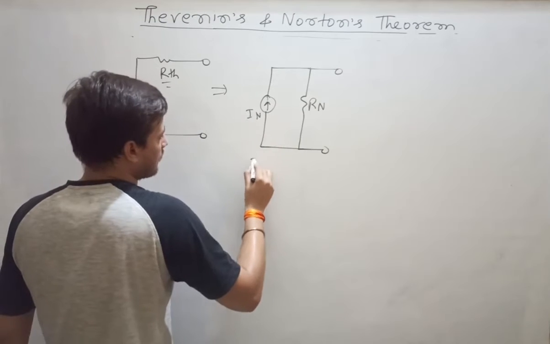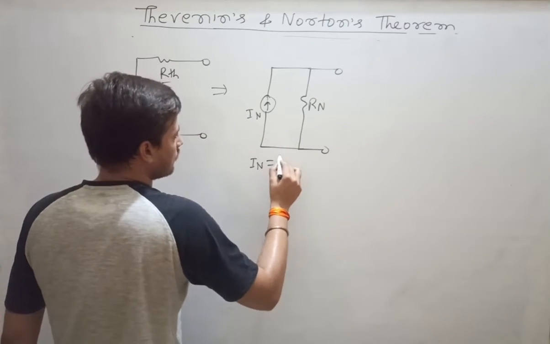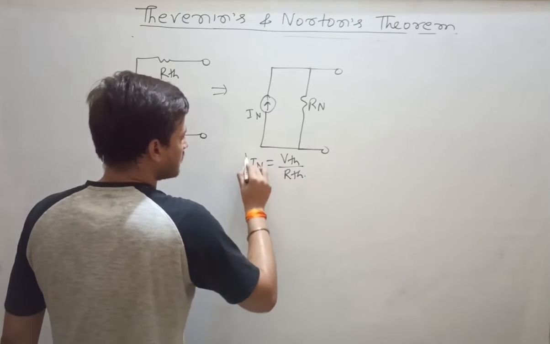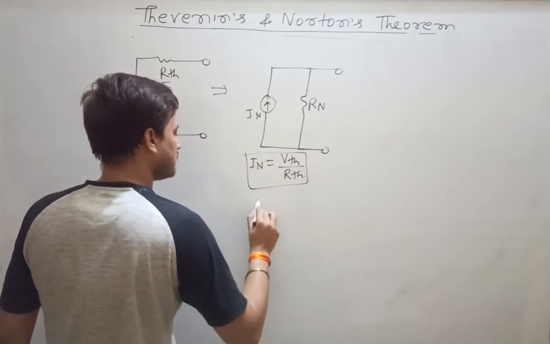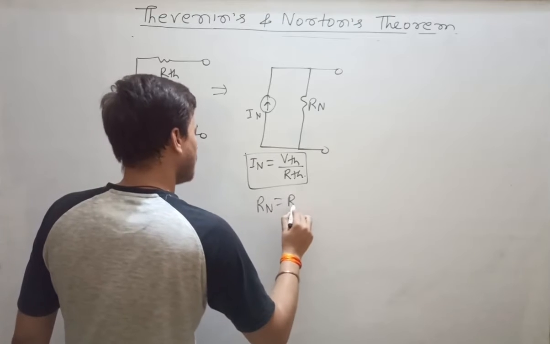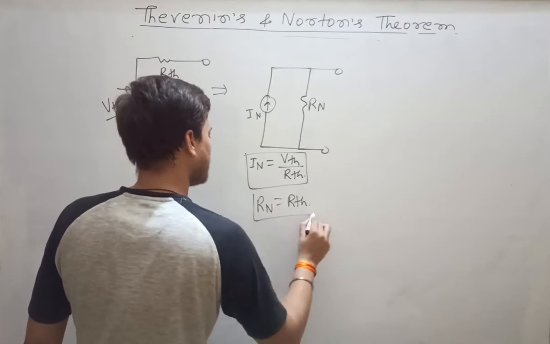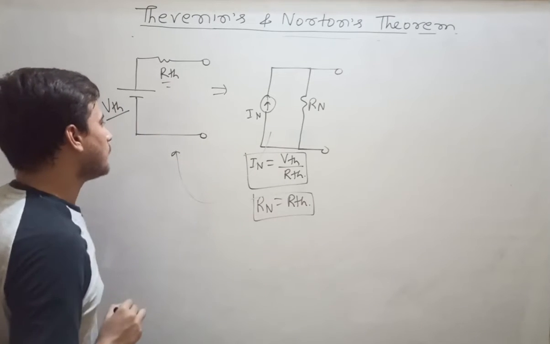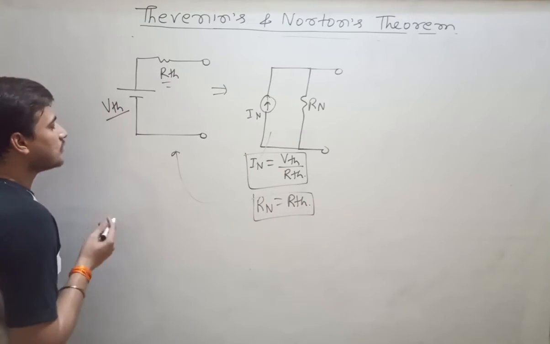Here In is equal to VTH divided by RTH, and Rn is equal to RTH. Clear? Similarly, if Norton's network is given to you, you can convert it into Thevenin's network.